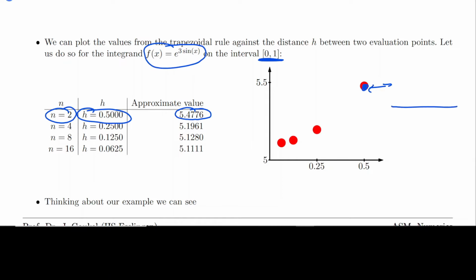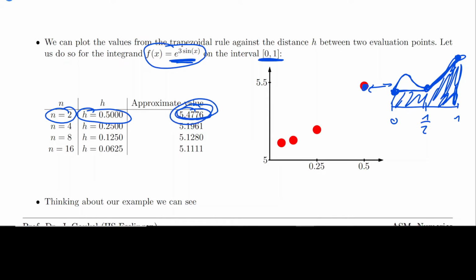Here is the interval 0, 1. This is the function f, and using h is a half, we evaluate the function here, here, and here, and then we compute the trapezoidal value, which is this area. Calculating this area gives 5.4776, and this is the point.